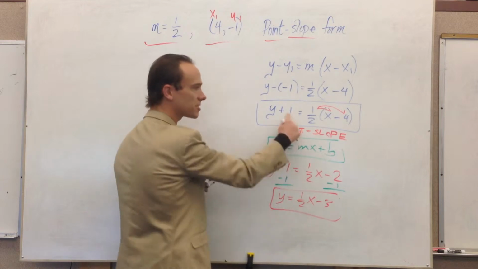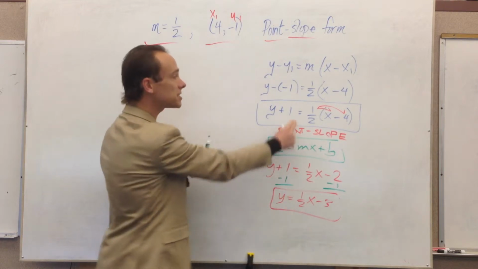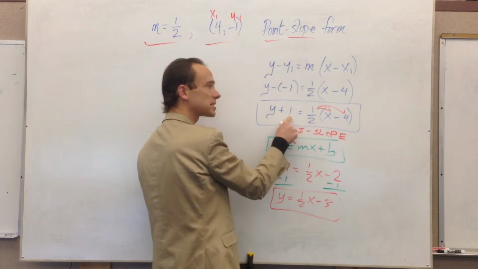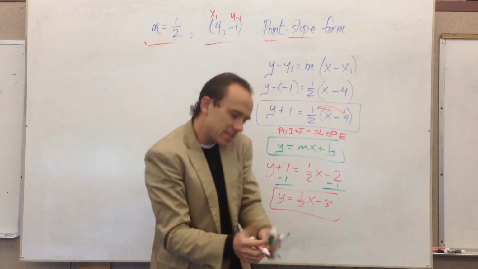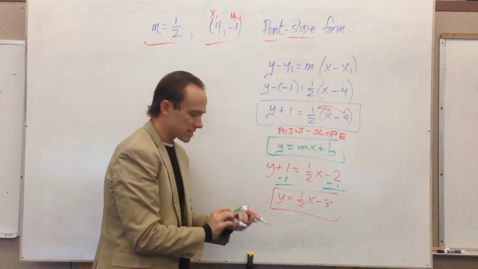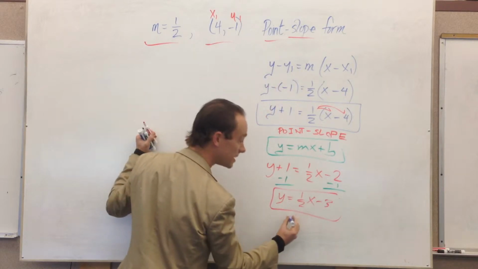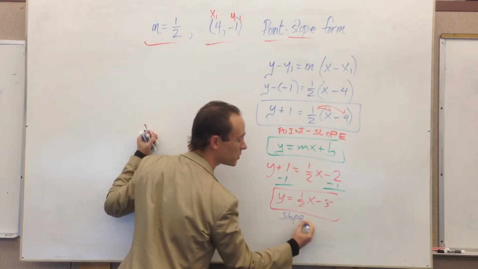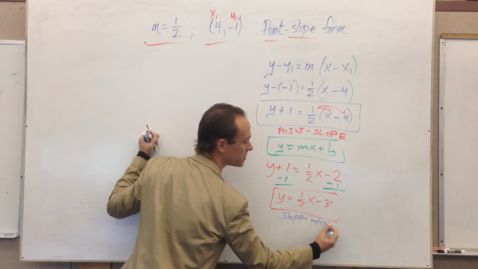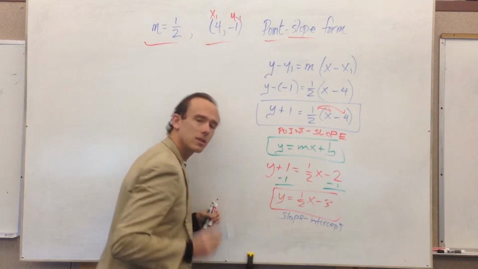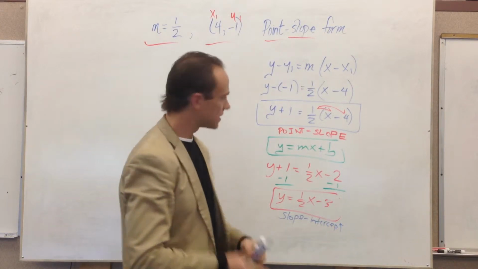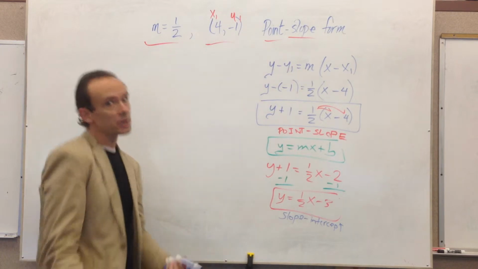So these two equations are exactly the same. This is the one I actually asked for in point-slope form, but it's nice to know that you can go right from point-slope form into slope-intercept form if you want.